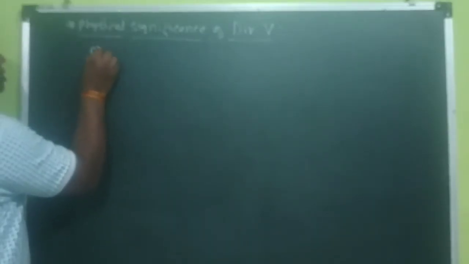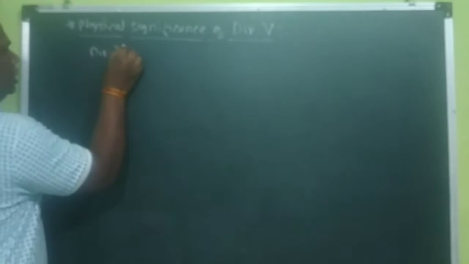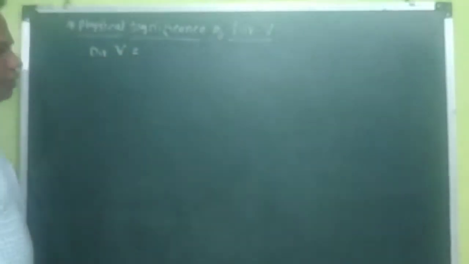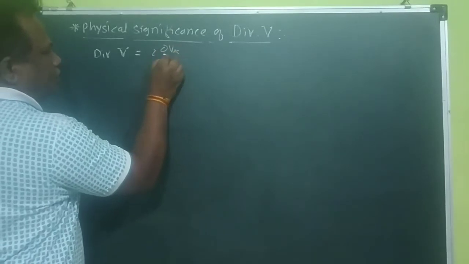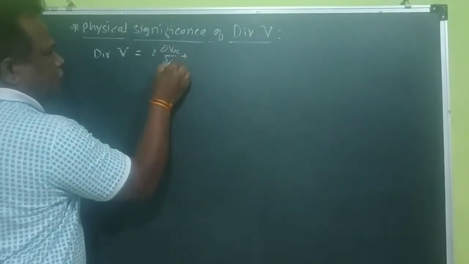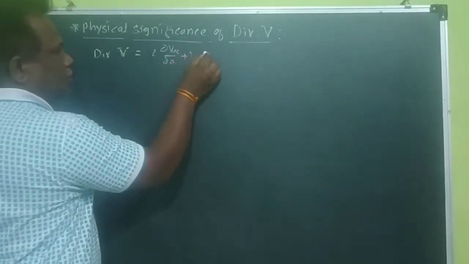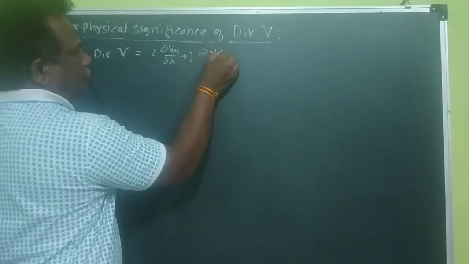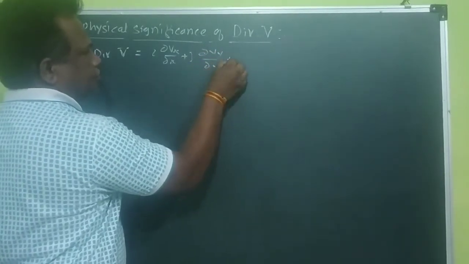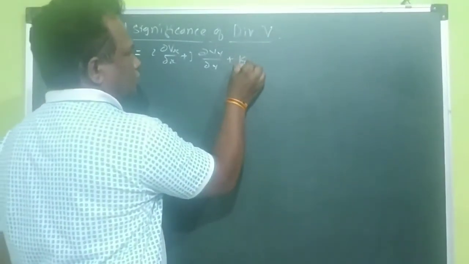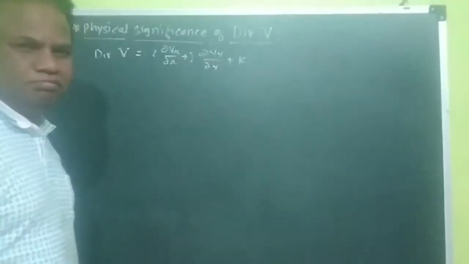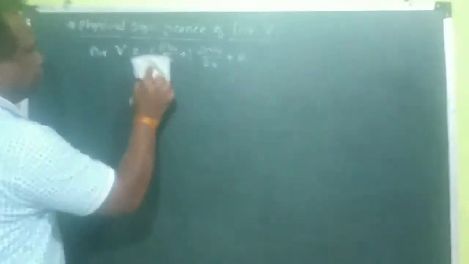So divergence of V, already we have studied this, it is given by i into dou Vx divided by dou x plus j dou Vy divided by dou y plus k... No, this is wrong.